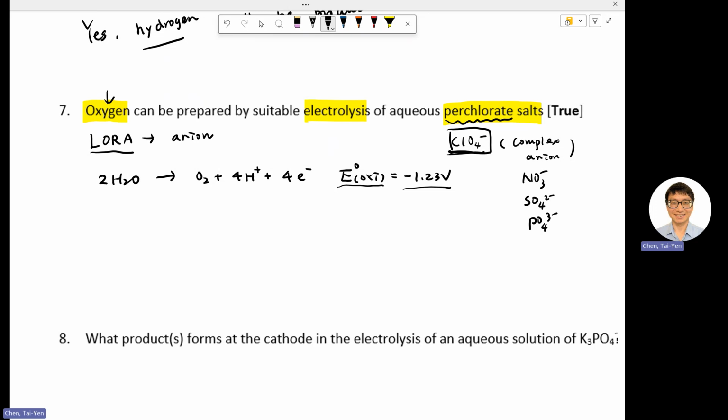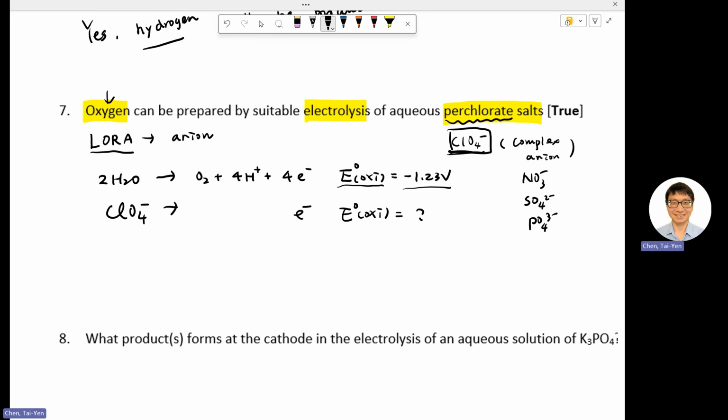Okay, we just don't have the value. It is very difficult to further oxidize this species. So with that being said, for the ClO4 minus, if you want it to further donate electrons, this is actually undetectable. It means the value is going to be extremely big. So these things won't happen.